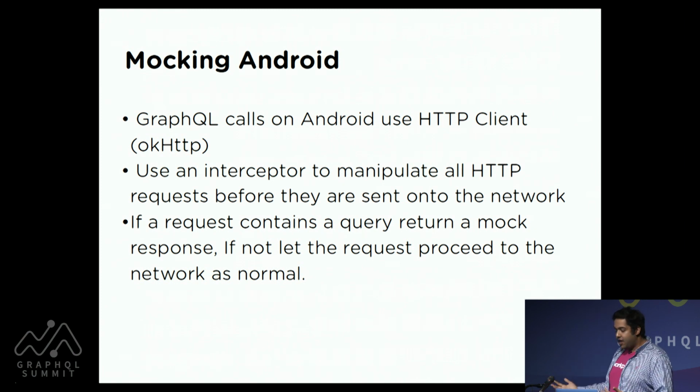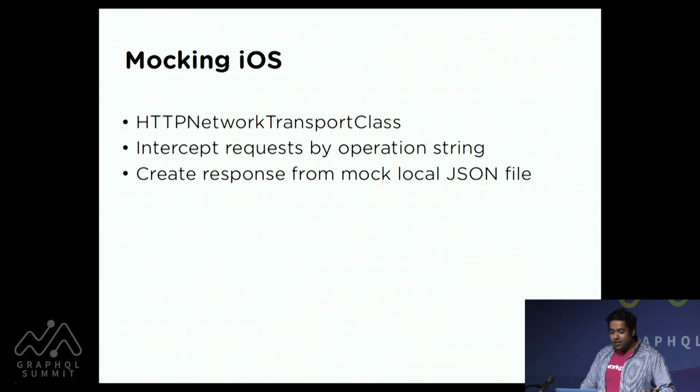But right now in Android, we use OkHttp, and then you just write an interceptor to intercept all HTTP requests that are coming from the device, and then you can return just a mock JSON object for your query. Same thing in iOS. We use Apollo Android and iOS, by the way. You just intercept everything based on the operation string.